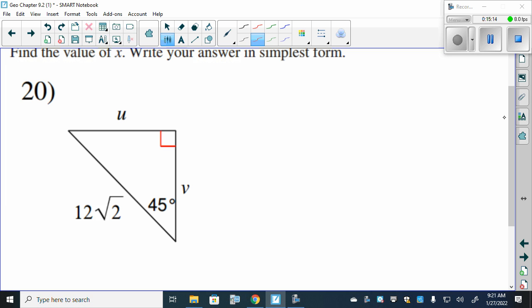Well, we know u and v are going to be 12. And how do we know that u and v are both 12? Because the hypotenuse is leg times the square root of 2. And the legs are congruent, so u and v have to be the same. We ready for the next one?